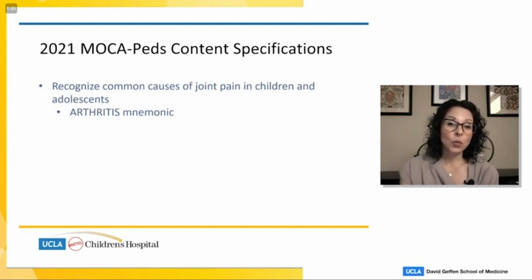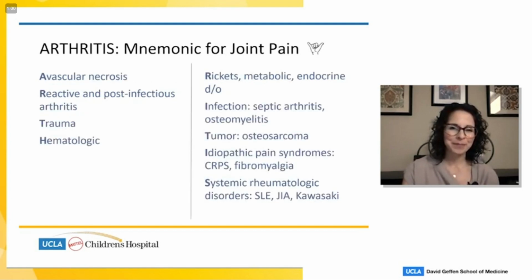So we have some recent 2021 MOCA PEDS content specifications that I wanted to include and highlight. Specifically, recognize common causes of joint pain in children and adolescents. And we'll get to the arthritis mnemonic, which some of you are probably familiar with already.